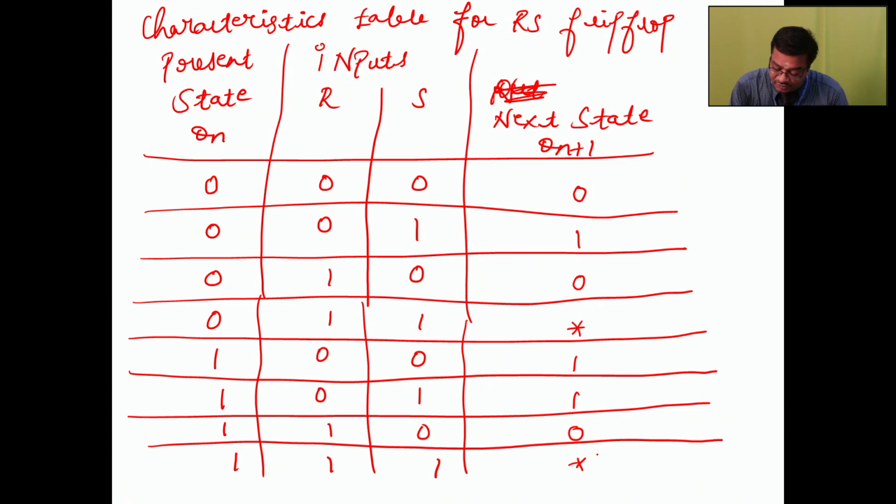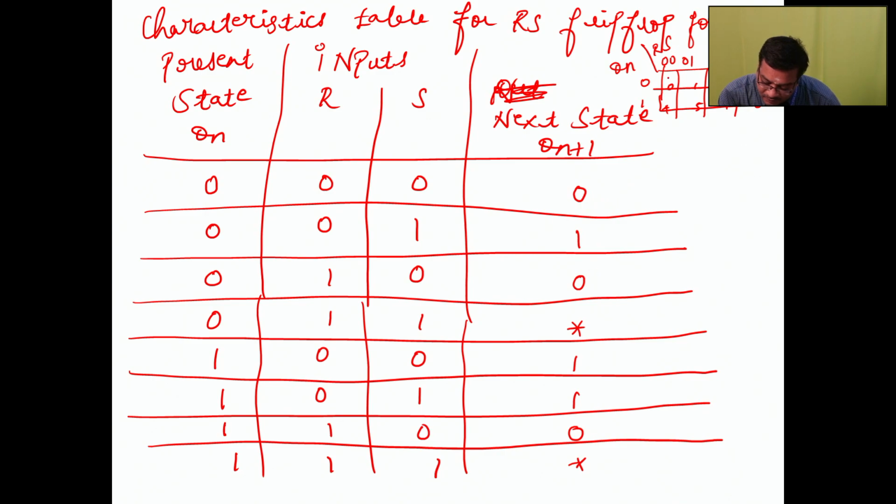By using this we are going to derive the characteristics equation. So we are going to use a 3 variable K-map here. For Qn plus 1, with Qn along one axis and SR as 00, 01, 11, 10, the cells are numbered 0, 1, 3, 2, 4, 5, 7 and 6.